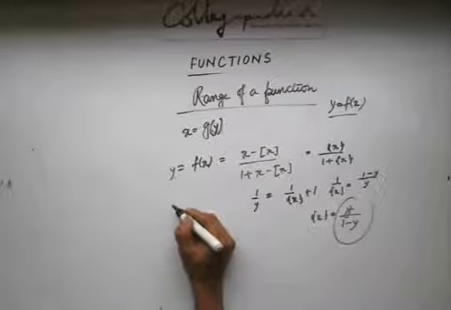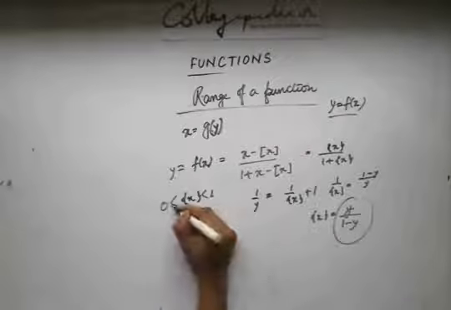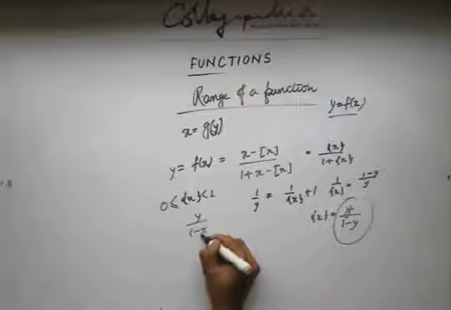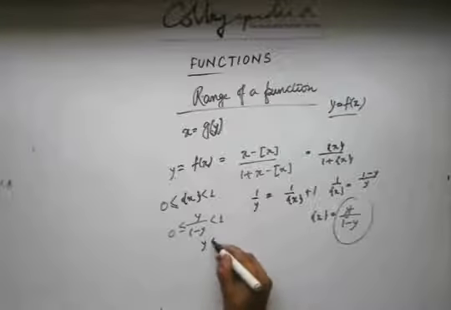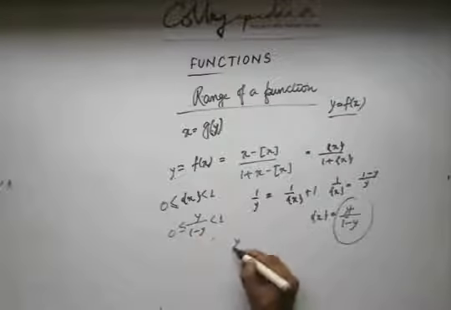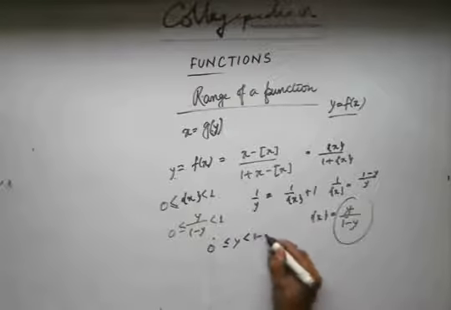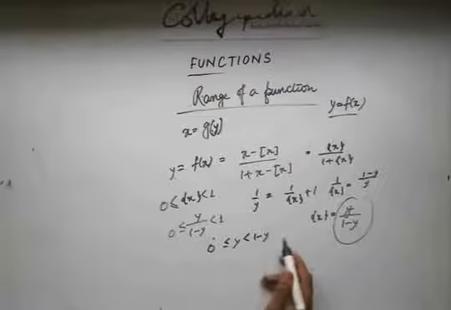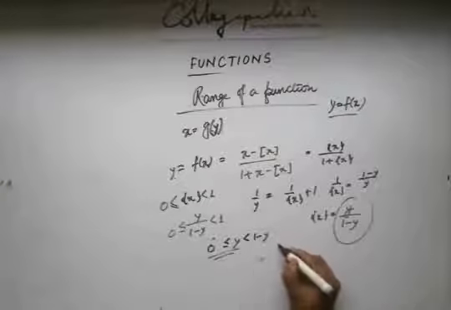So I'll use the property of the fractional part. The fractional part I know lies between 0 and 1. So y by 1 minus y should lie between 0 and 1. Okay. Now, from this I'll get the expression as y greater than equal to 0.